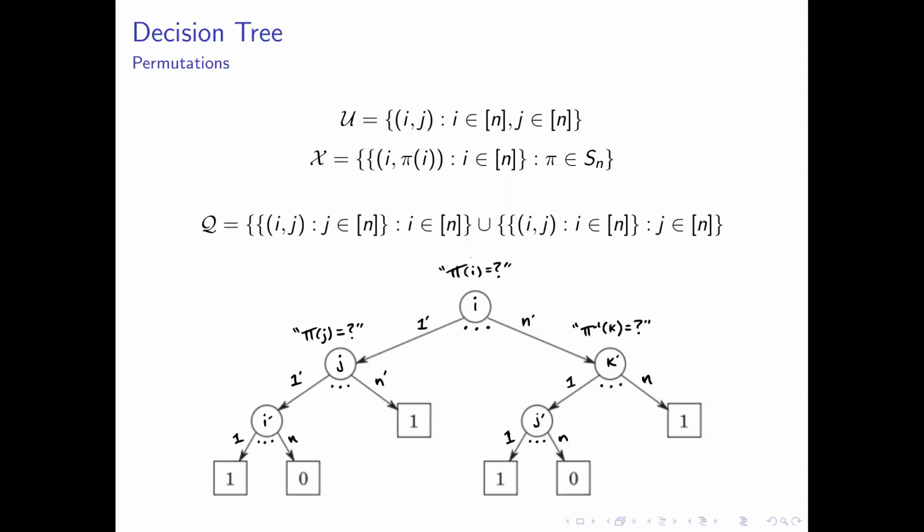So for instance, in this example, like this rightmost path, I look at all permutations that send i to n, and all permutations such that n maps to k, and then assign all those permutations the value 1. So that's what this branch means here.